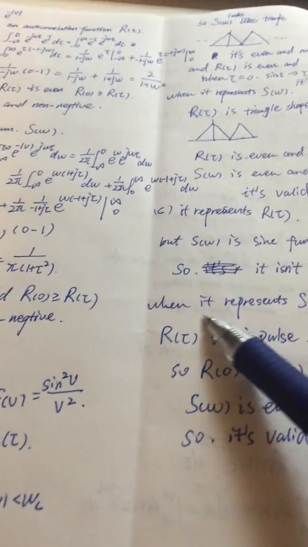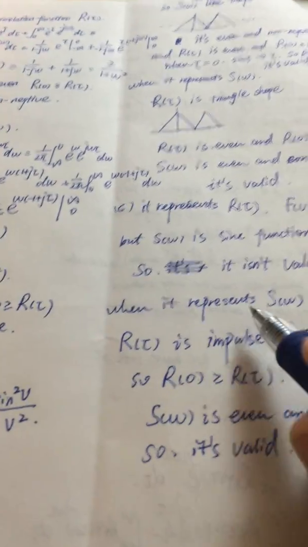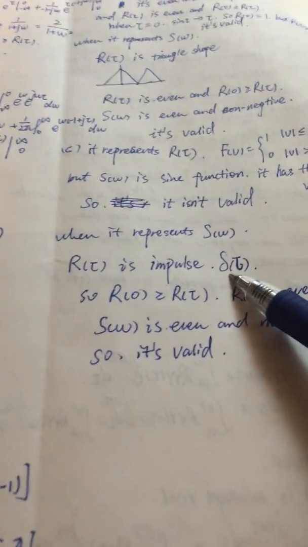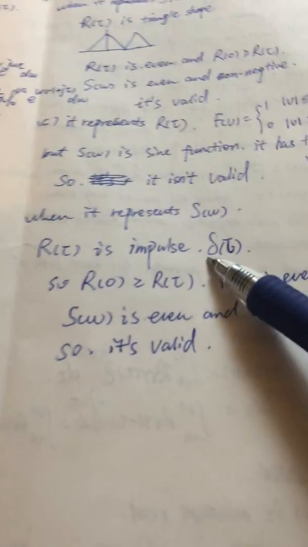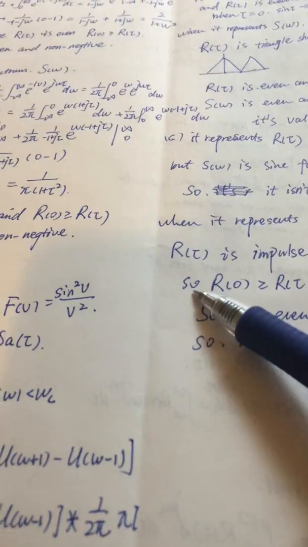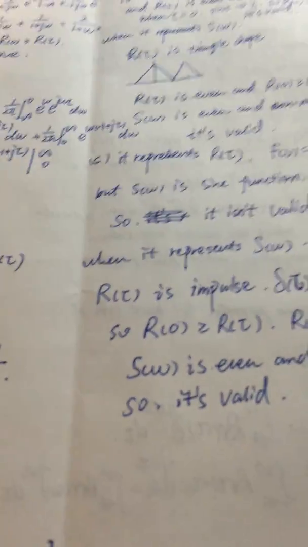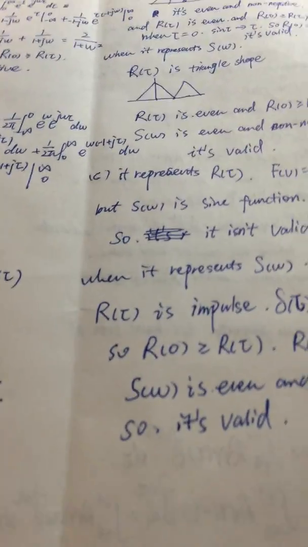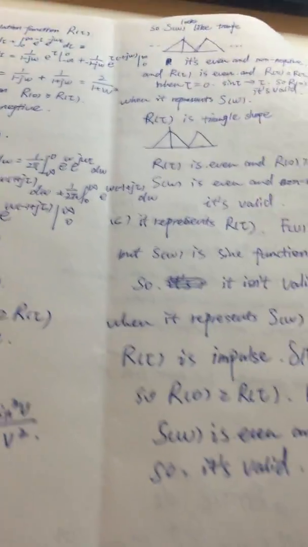In another case, when it represents S(w), the spectrum, R(tau) is an impulse. That I already know. Here we see this impulse, and actually I can put any amplitude here, but I don't worry about that. I just say its style is an impulse.